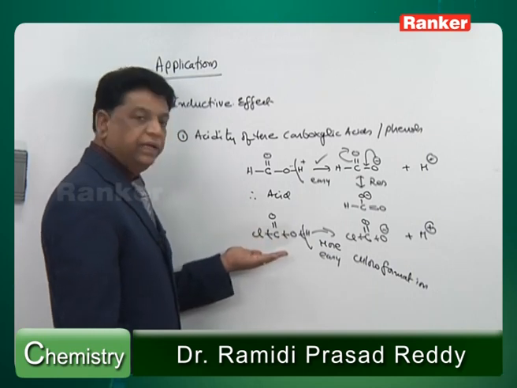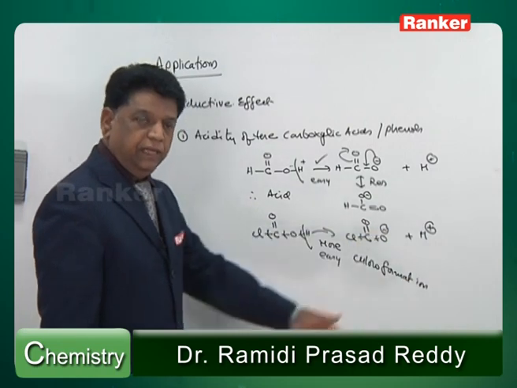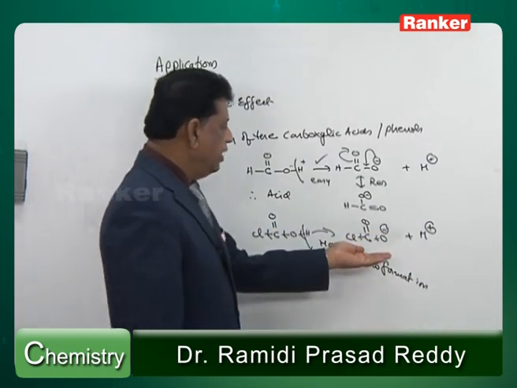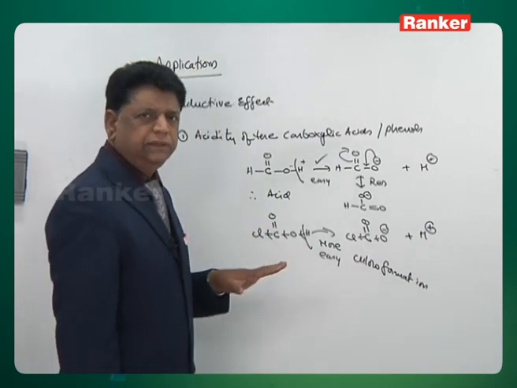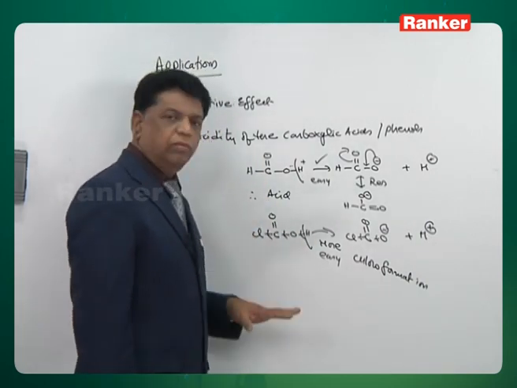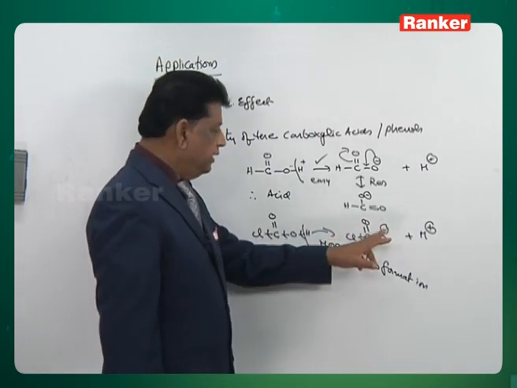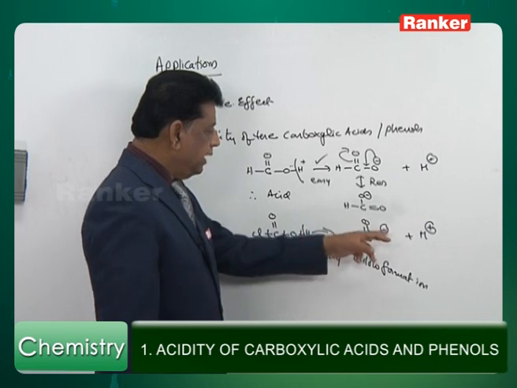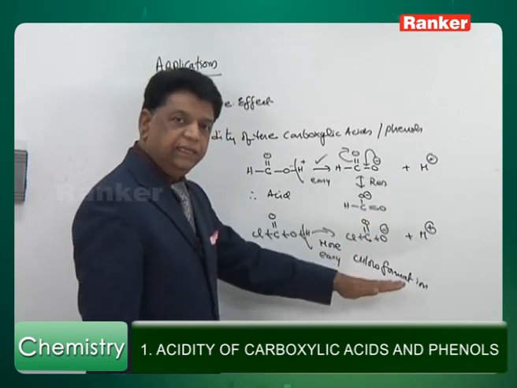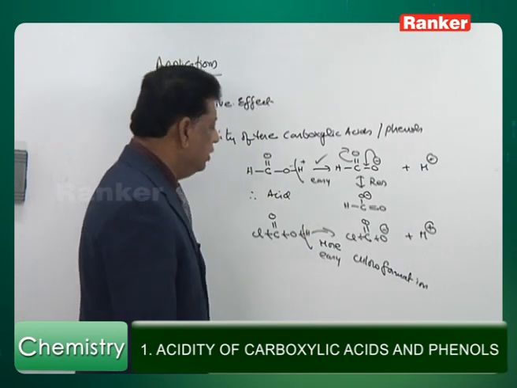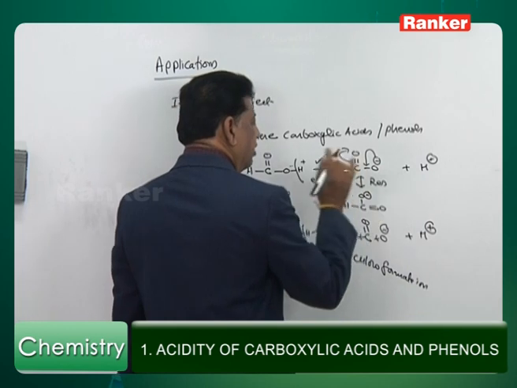In the chloroformic acid, the chlorine pulls, therefore, the proton coming out will become easy. Or the anion formed, the anion negative charge is a problem. All charged species' charges are problems. A neutral molecule is more stable, that is the general theory. O minus is a problem. The negative charge is partly taken out by the Cl. So, the effect of the negative charge is decreasing, therefore, it is stabilized. So, the chloroformate ion is more stable than the formate ion.